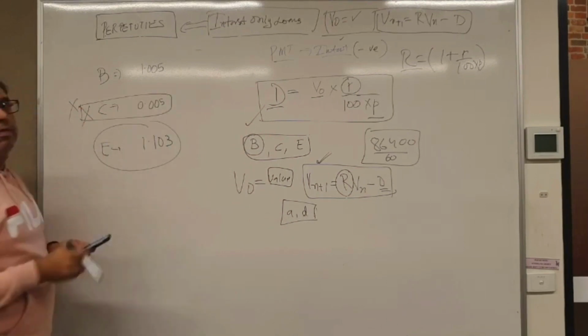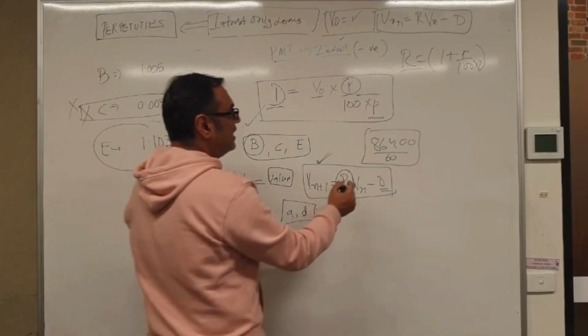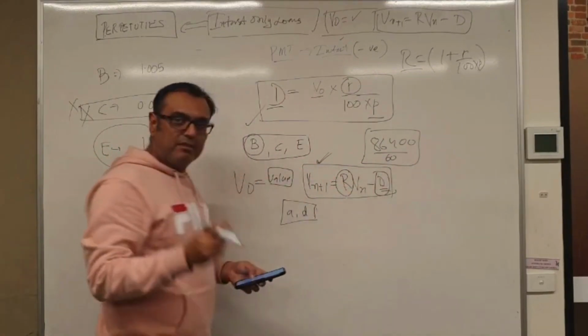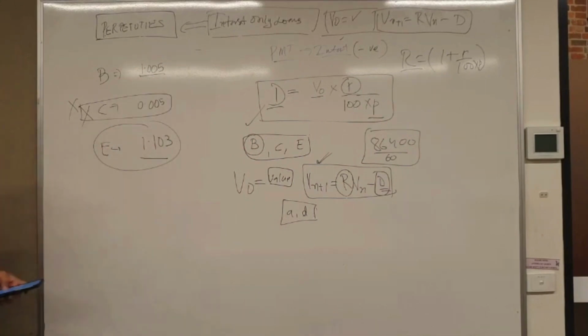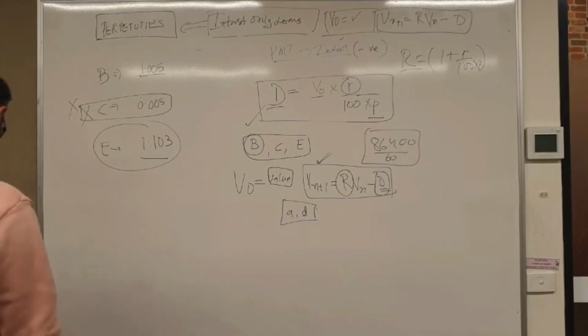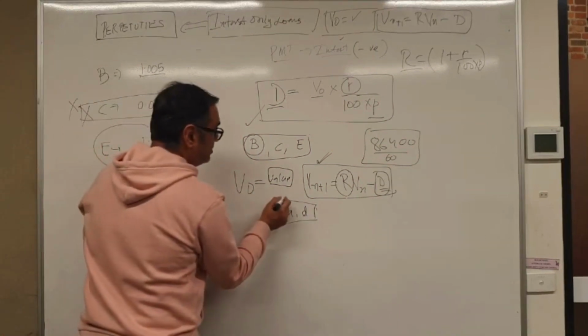Now this is where I get confused: B or E. We completely disregarded D here, and D will play the trick to decide the value. And we also disregarded V0.